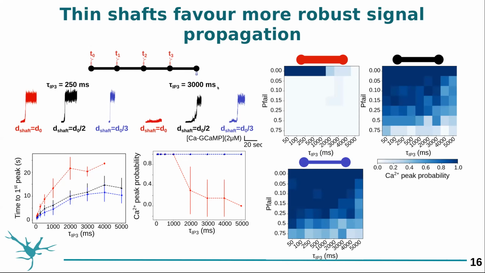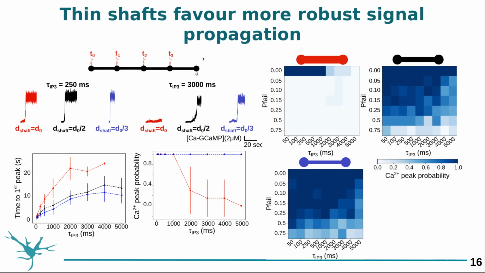And we have tested the robustness of this signal propagation within the processes. And to do so, we associated to each node stimulation a probability of stimulation failure. And that you can see here. And basically what you can see is that when the shaft is thin, such as here, even though you skip some of the stimuli, you will still observe a signal in node 5, which means that you can omit some signals and still have signal propagation.